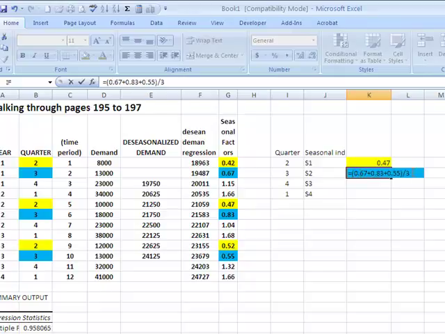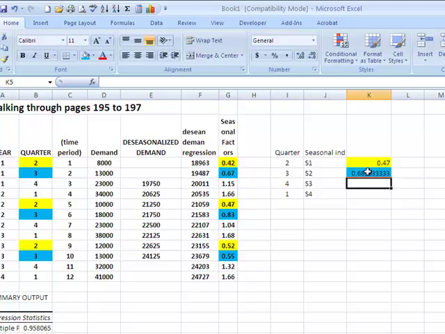Okay. If I do that, I get 0.68. Now you see all of these match what you see on page 197 towards the bottom of the page, where all the seasonal indexes are computed. And of course your book rounds them off again to 2 decimals.